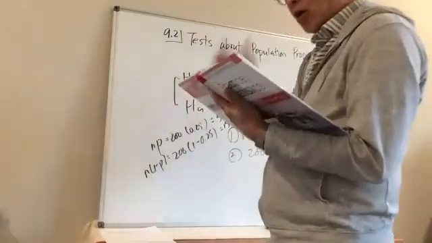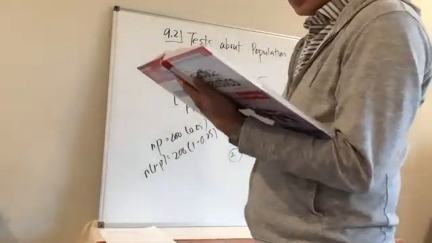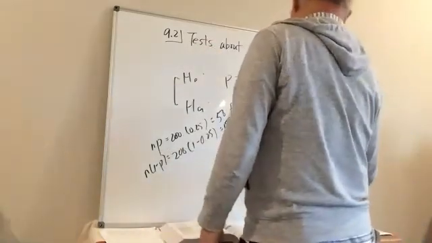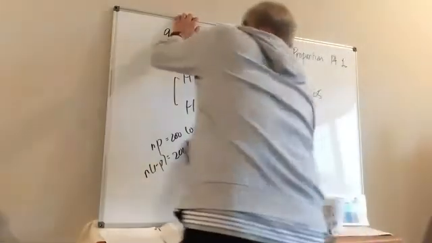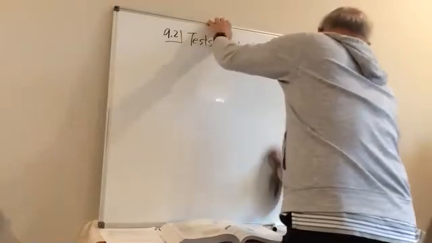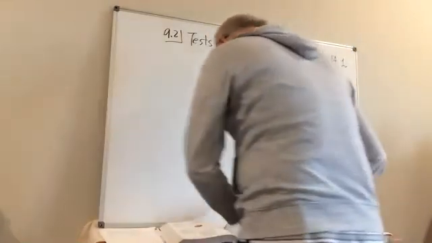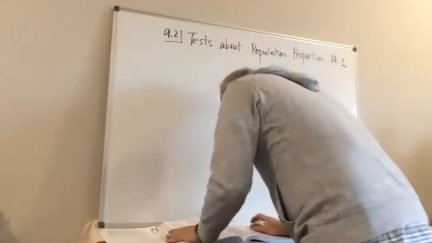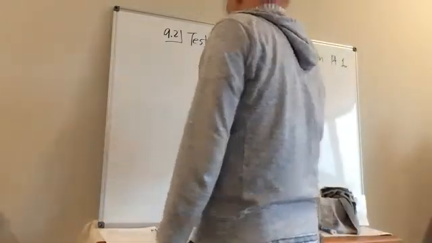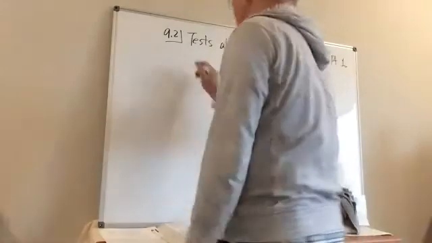Okay, so let's go ahead and actually see how we calculate the p-value. In the book, they were using the basketball example, where the guy said he was an 80% free throw shooter and we gave him the ball.